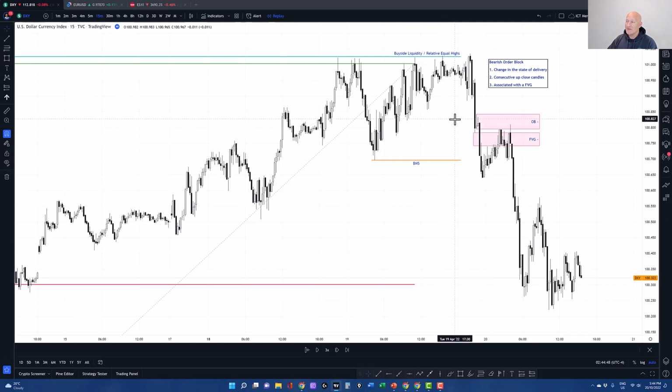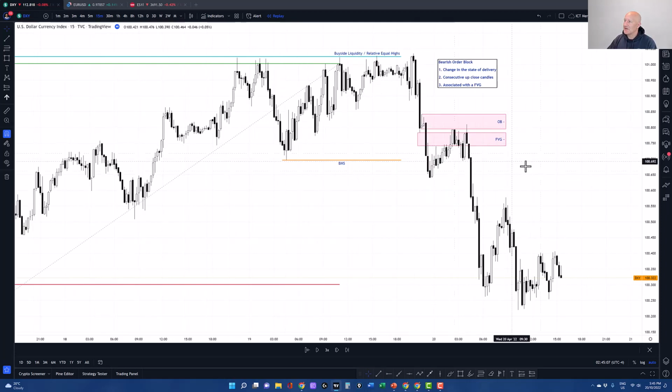So if you are going to use an order block, make sure that they are consecutive candles, either up close or down close, and then you're always going to have them associated with either a bearish or a bullish fair value gap. And as I said, they're associated with a change in the delivery in the market, and they're a reference point that price is going to come back to. So you can see in this example, if we were going to use the order block as a mechanism of entry, it would look something like this.